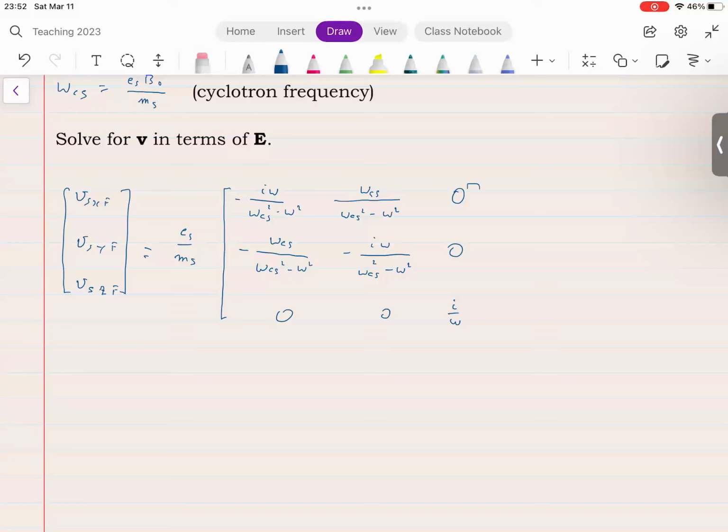And all of this multiplies the electric field. So Ex, Ey, and Ez.